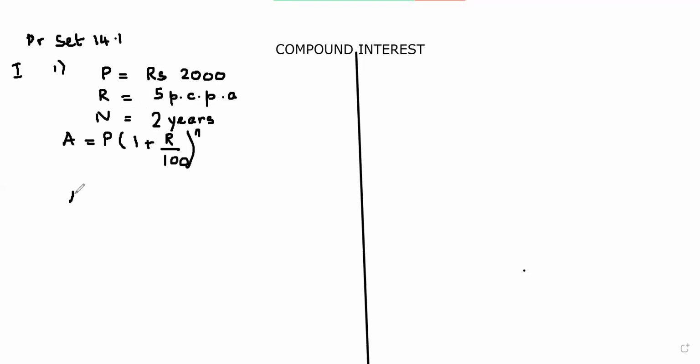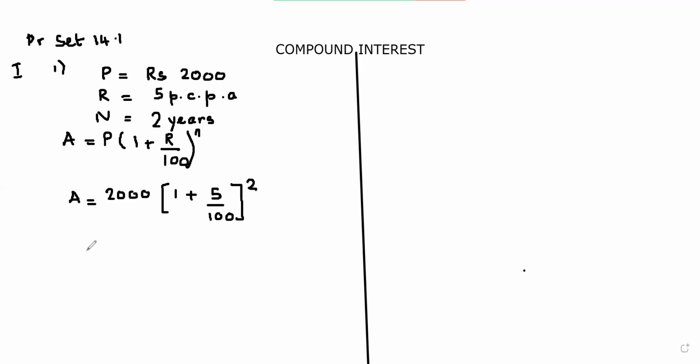Now amount is equal to 2,000, open the bracket, 1 plus rate of interest is 5 upon 100, raised to 2.